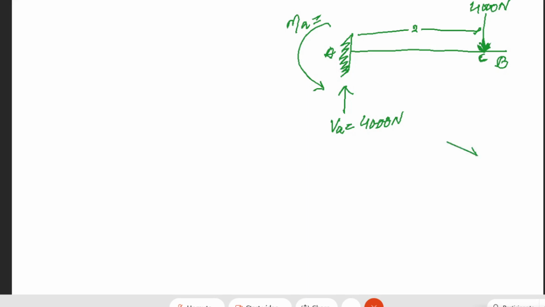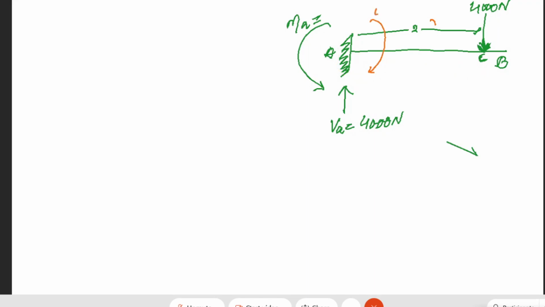Due to the load, there will be a clockwise moment, because we are calculating the moment at which point? At point A. It will go in which direction? It will go in the clockwise direction. Simple. So because of this load, there will be a clockwise moment of how much?